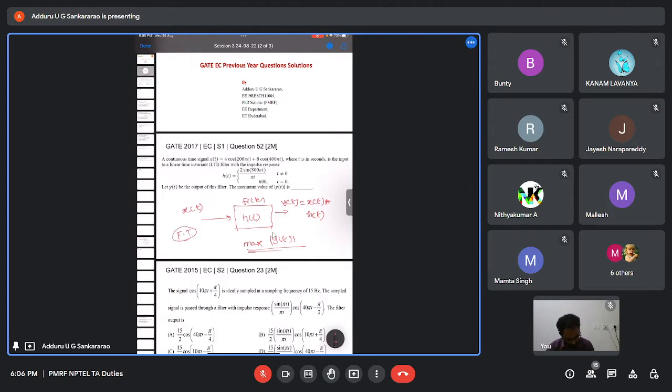We will find H of omega and X of omega and multiply them. Or else we can find the Fourier transform of h of t and solve it.